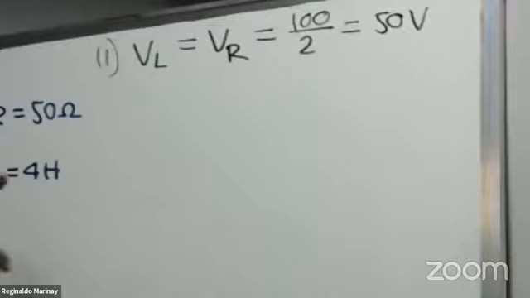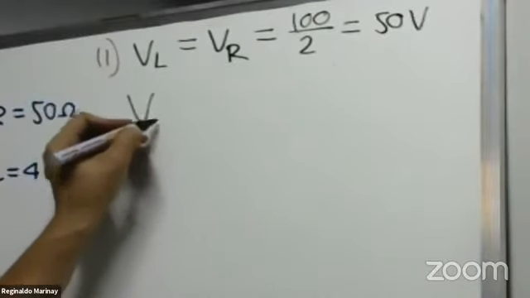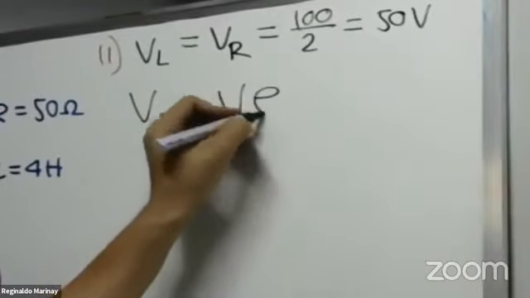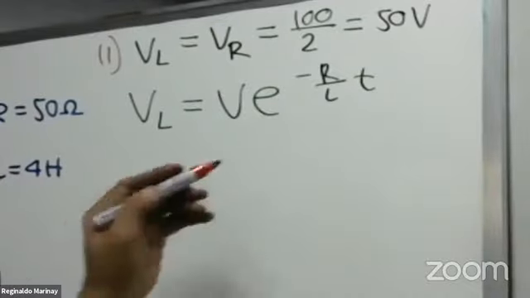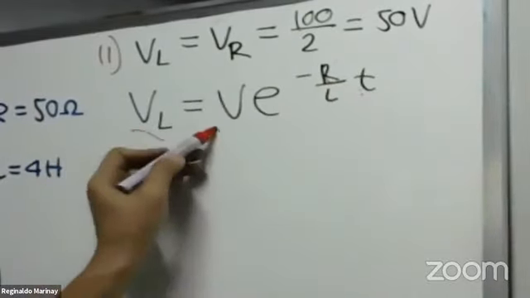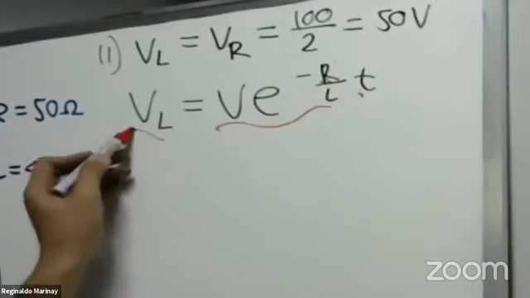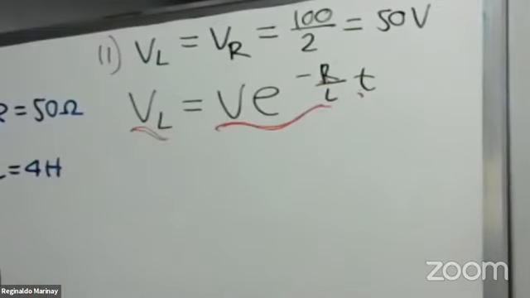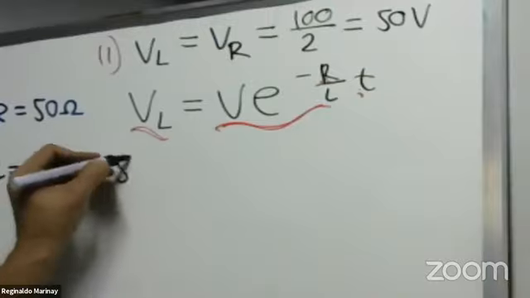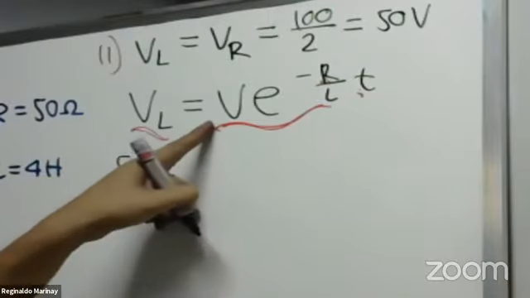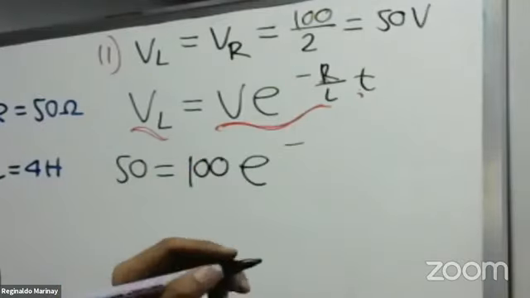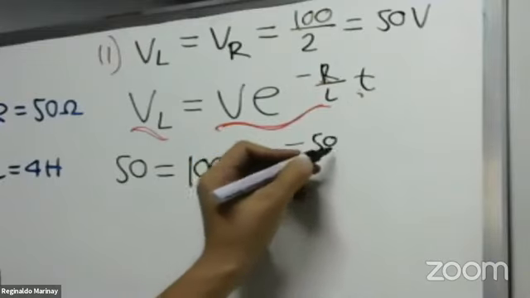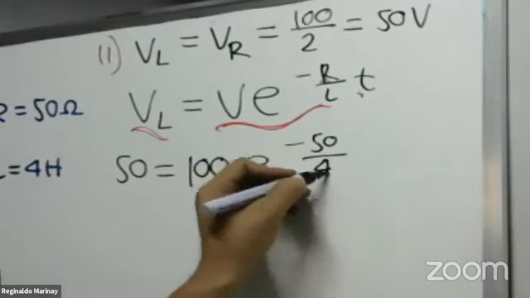Okay, we will use the formula. So we have 50 volts equal to V, which is 100, times e raised to negative R, which is 50, over L, which is 4, times t.